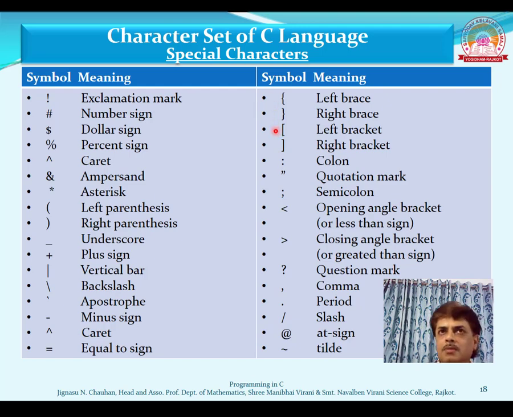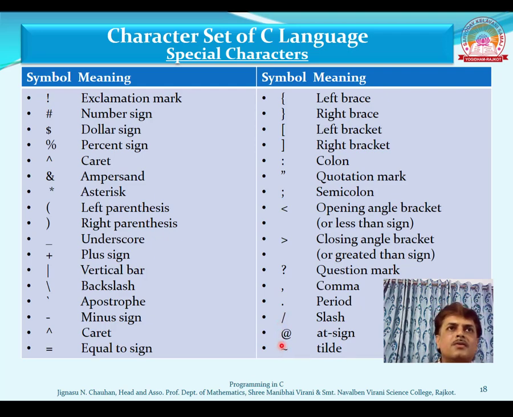Similarly, square brackets or opening left bracket and closing right bracket, colons, double quotation marks, semicolon, less than symbol, greater than symbol, question mark, comma, a period, a slash sign, at the rate sign, and tilde.